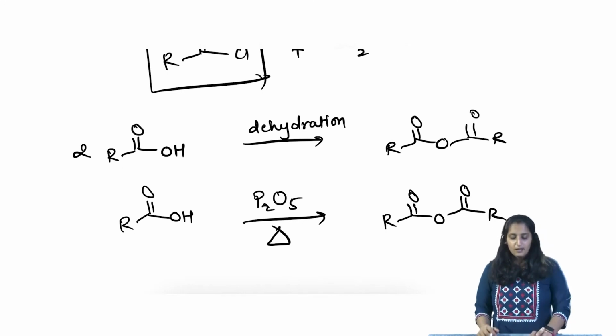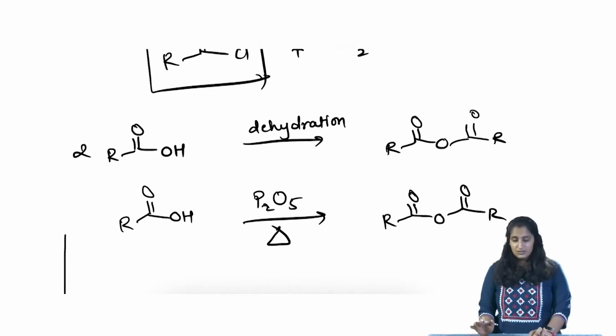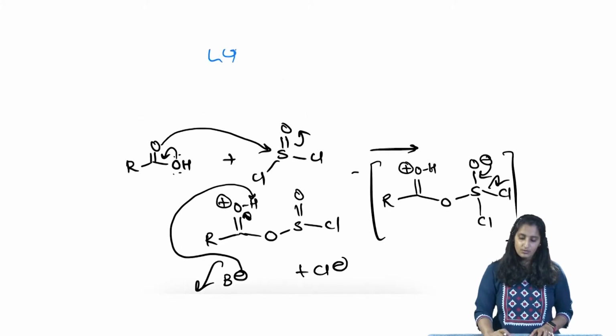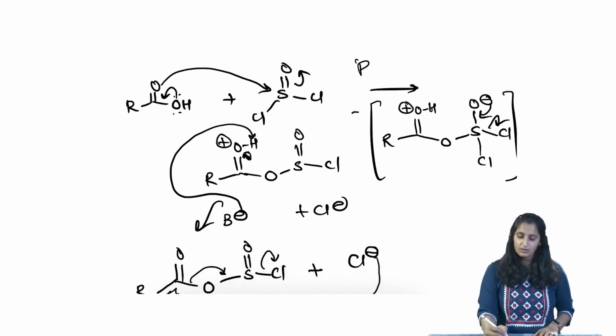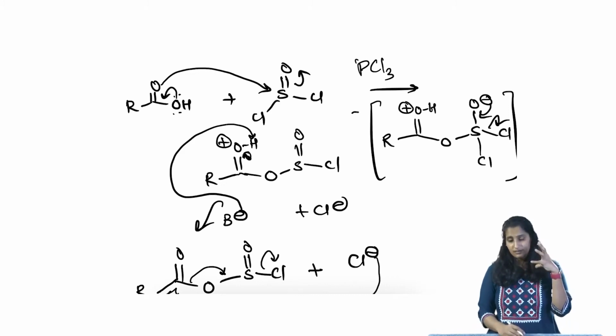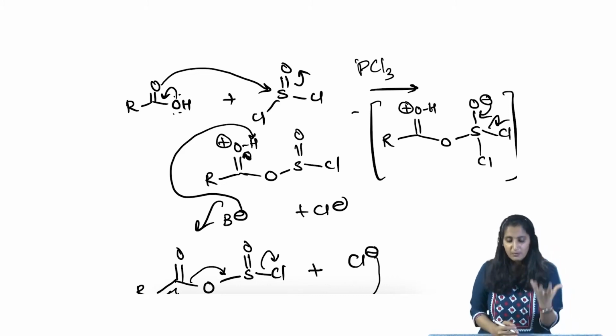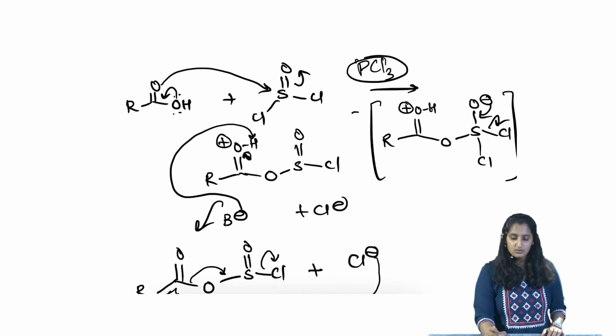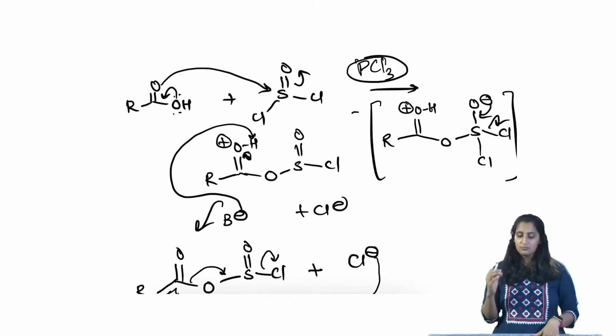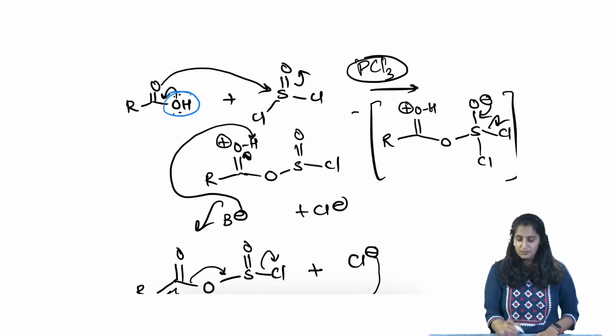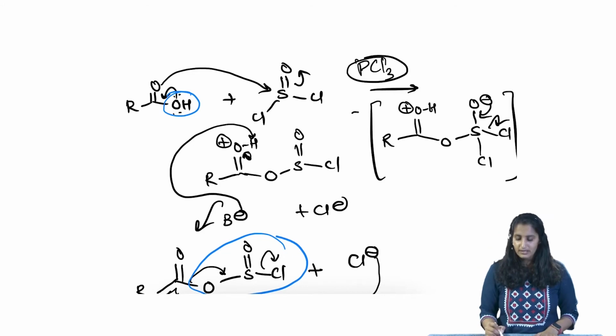Okay. There are many other reagents. So, even in the case of acid chlorides, instead of thionyl chloride, you can use for example PCl3, or if you want to form acid bromide, you can use PBr3. So, all of these are alternate reagents, and all of them work in a very similar manner, in that they convert that OH of the starting leaving group to something that is a much better leaving group.